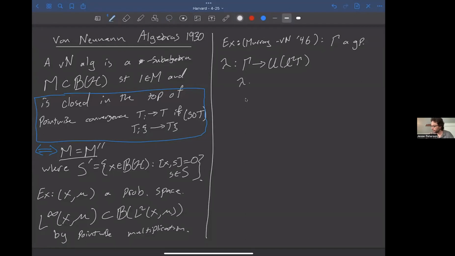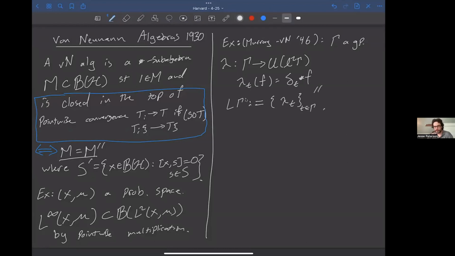Lambda_t of f is just the Dirac function of t convolved with f. Or if you like, you extend the group operation on the group itself to L2, and that gives you the left regular representation. Then they consider the group von Neumann algebra, which is just the von Neumann algebra generated by this representation: take lambda of gamma, and then take the bicommutant of that. This is the group von Neumann algebra.